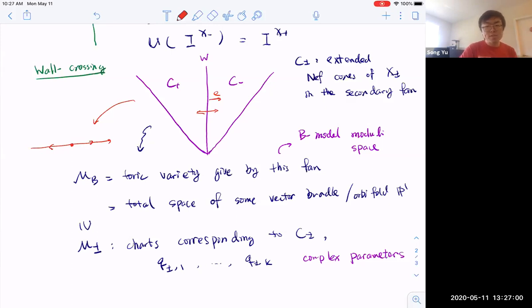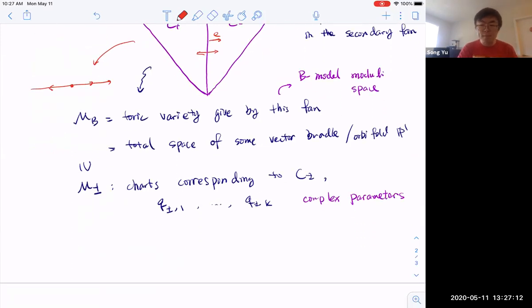So we'll just be focusing on the case of a single wall crossing, and that somehow makes things easier to study.